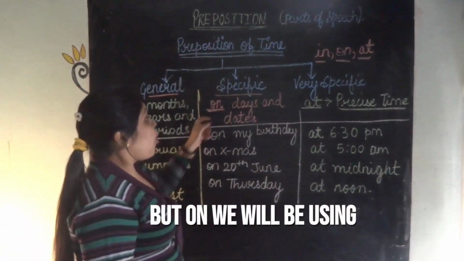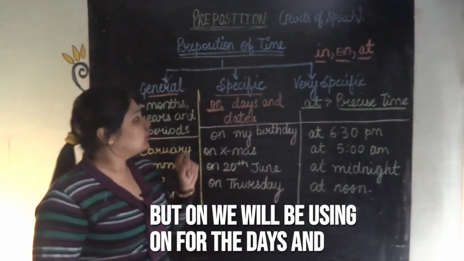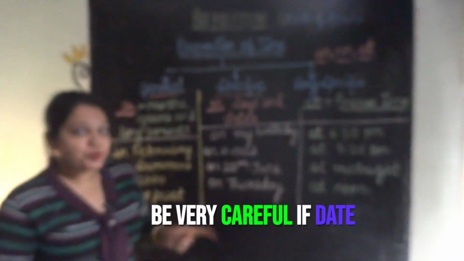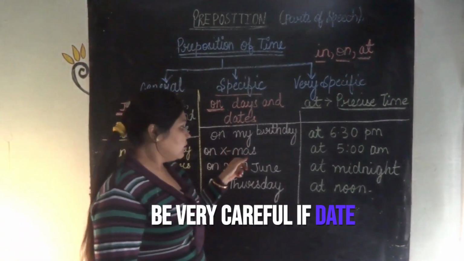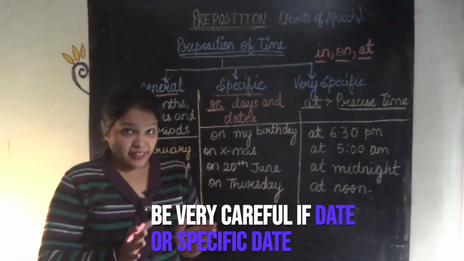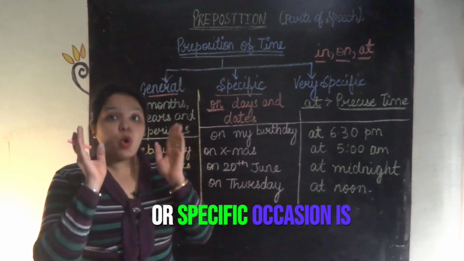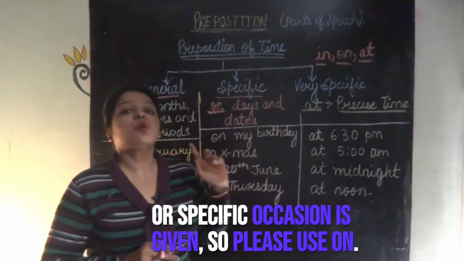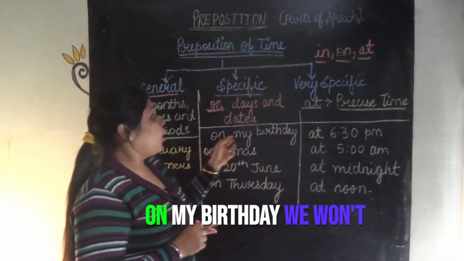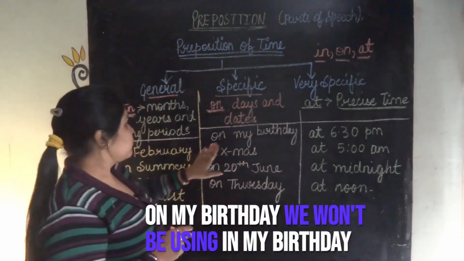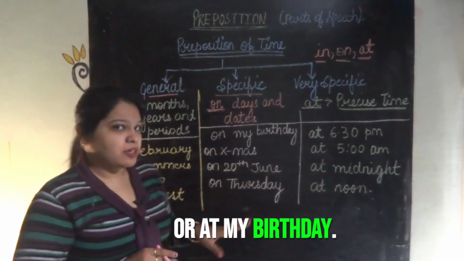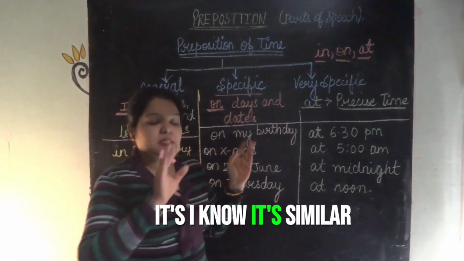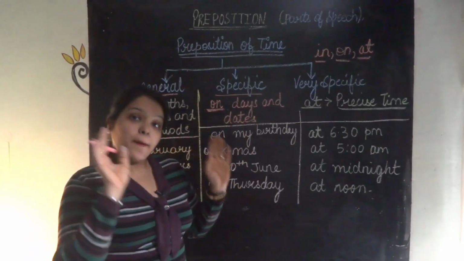But on, we will be using on for the days and dates. Be very careful if a specific date or specific occasion is given. So please use on. On my birthday. We won't be using in my birthday or at my birthday. It will be wrong. It sounds similar in listening, but be careful.